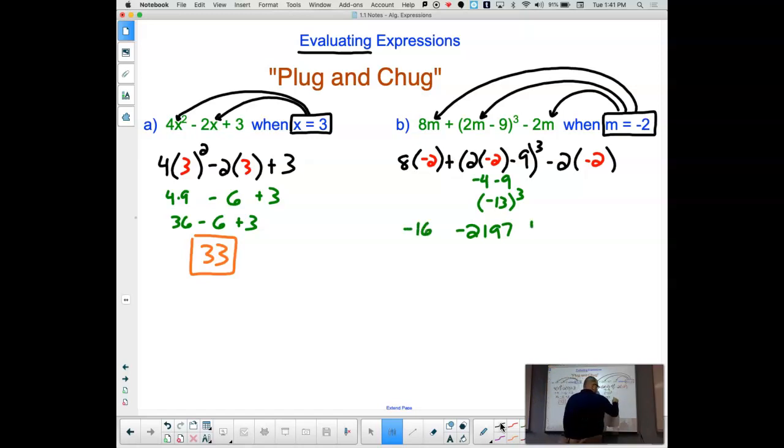Negative 2 times negative 2 becomes positive 4, or 2 times negative 2 is negative 4. Subtracting a negative is like adding.